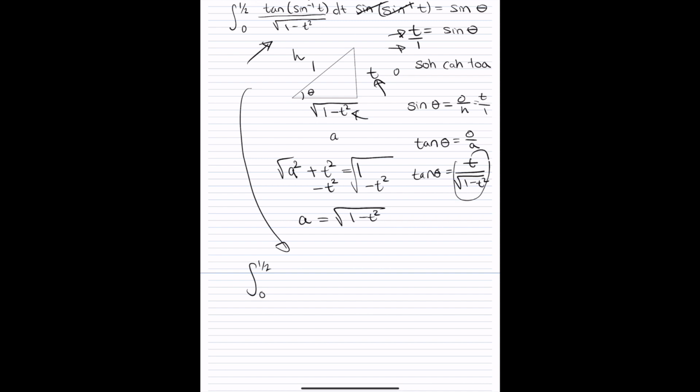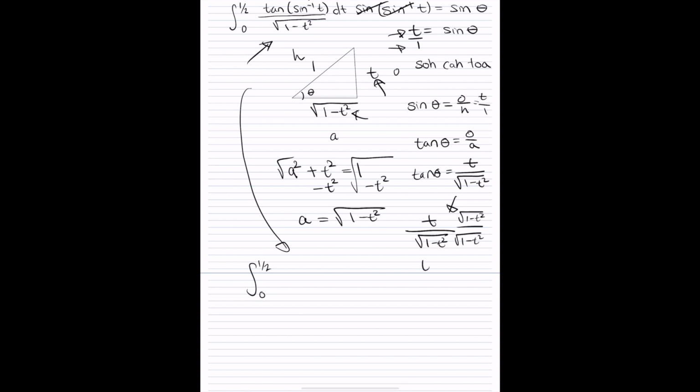Oh, you know what? Let's go ahead and rationalize it. So t over square root 1 minus t squared. So we're going to go ahead and rationalize it. As you can see, when the numerator and denominator are together with the same value, it's always equal to 1. So we're just multiplying this by 1, which is itself. So it's the same value.